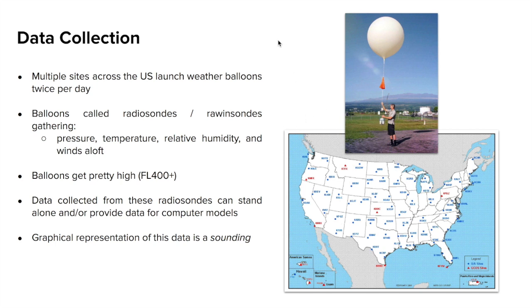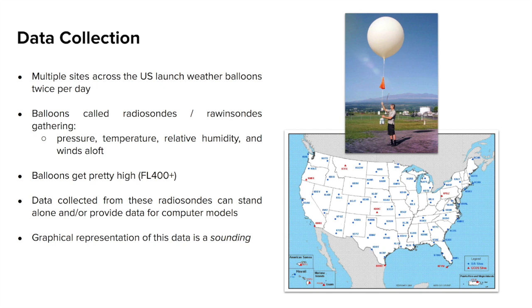My understanding is the data collected from these balloons, which you can look up individually as a standalone, also provides information for some computer models that allow us to get a sounding anywhere there's a METAR. If you have a METAR at your airport, then you can get a sounding through an interpolative computer model for your local region or wherever you're going.